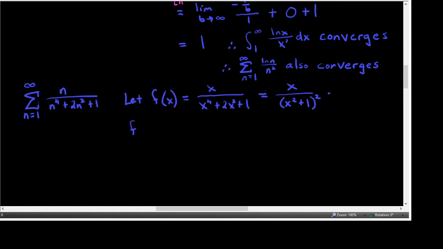F is positive. If x is 1 or bigger, the numerator is positive, and the square of any denominator we might come up with inside the parentheses will be positive. So it's definitely positive. There are no numbers that make x squared plus 1 equal 0, so it's definitely continuous.